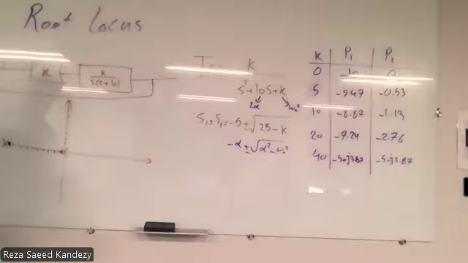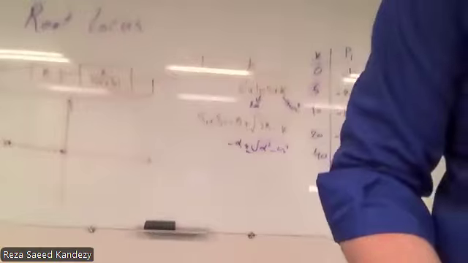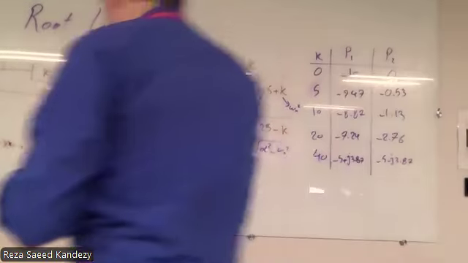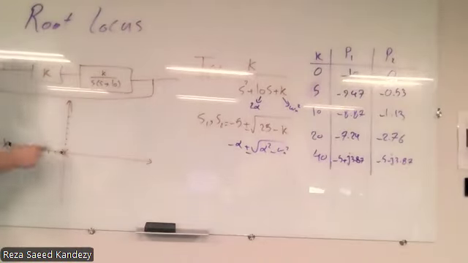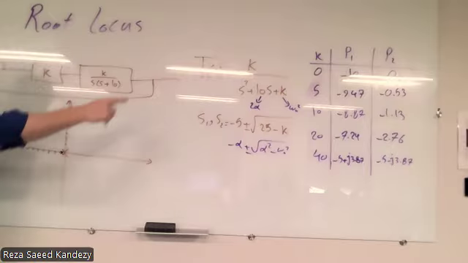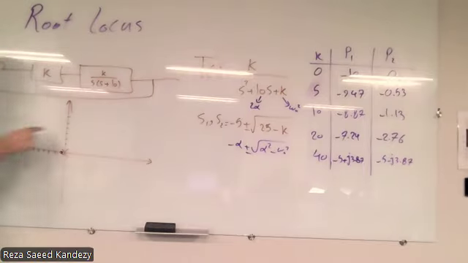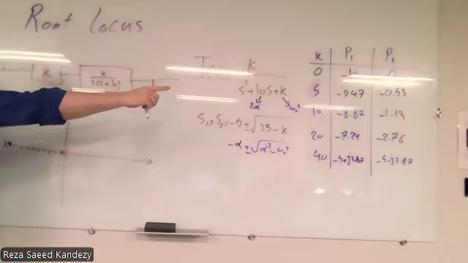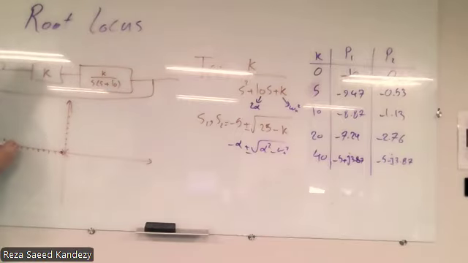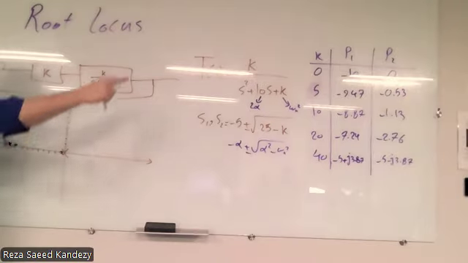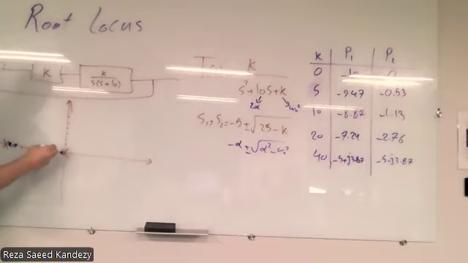Are we good? If k is 10, my first pole is going to be minus 8.87, so somewhere here. The other one would be minus 1.13, somewhere here. Are we good?